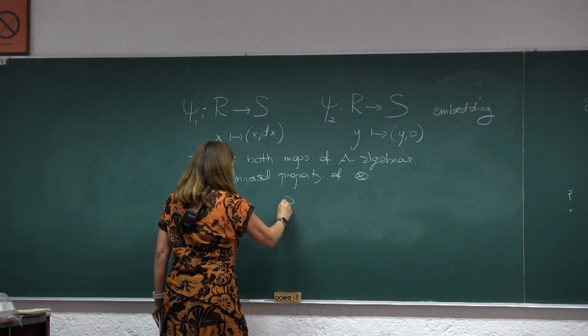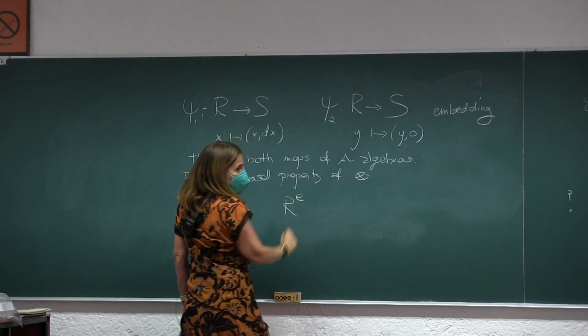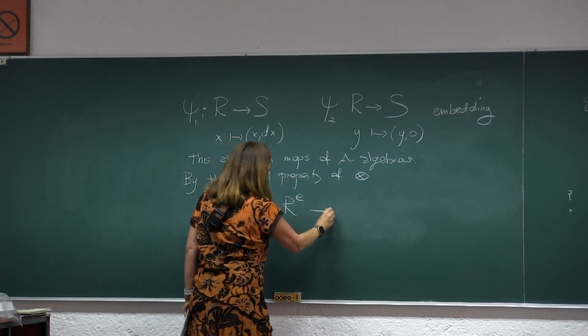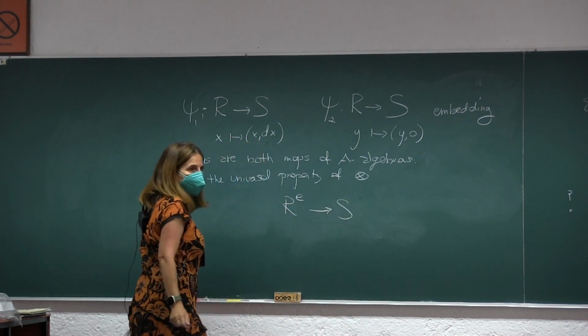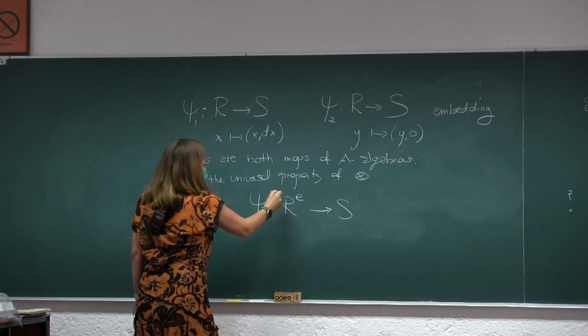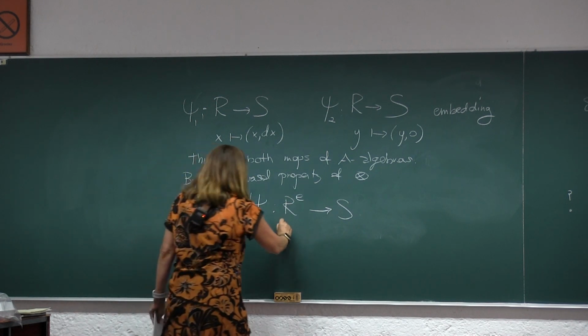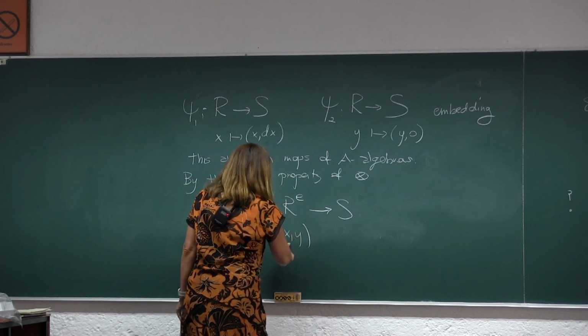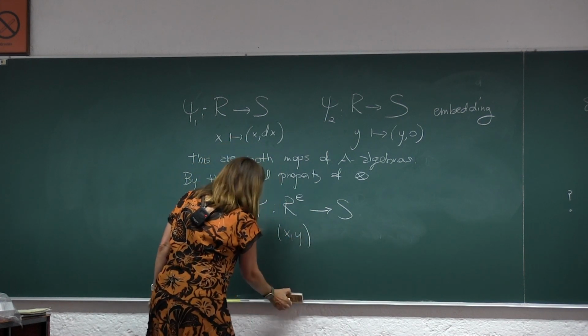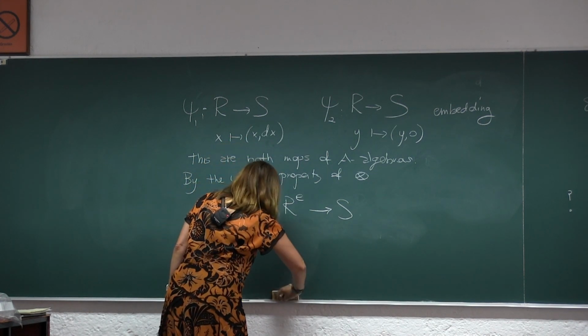We take R tensor over A with R, which gives our enveloping algebra, and we send it to S. My map phi is simply the tensor of these two. So what is it going to do? You take x tensor y, call it x tensor y, but the same as xy.